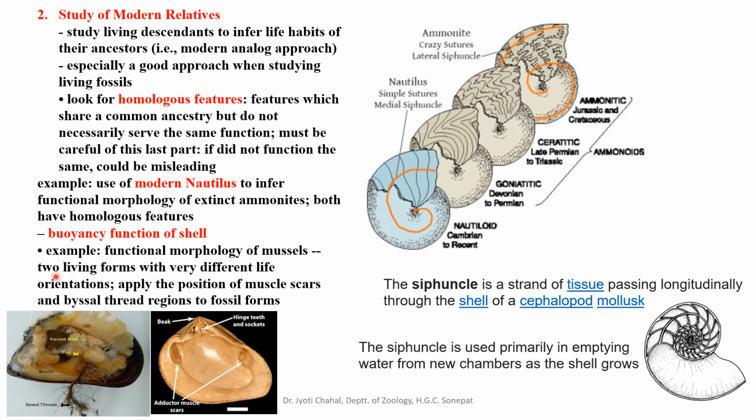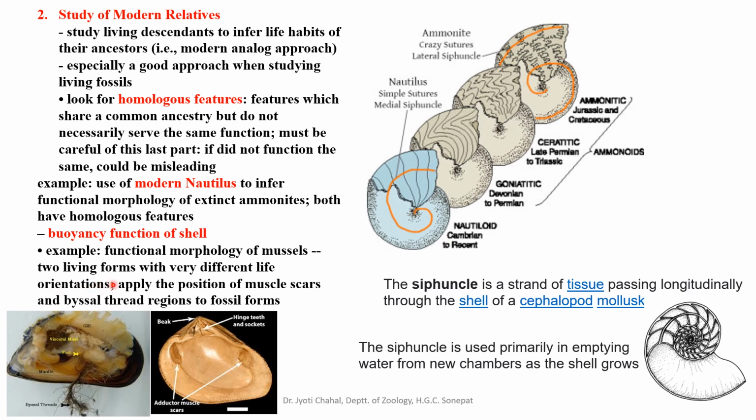Now the next example, the siphuncle will help in the buoyancy function of the shell. So that is the homologous feature about which we were talking in the case of nautilus and ammonites. So next is functional morphology in the case of mussels and bivalves, you can say.